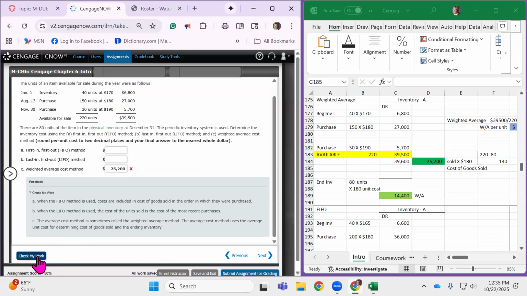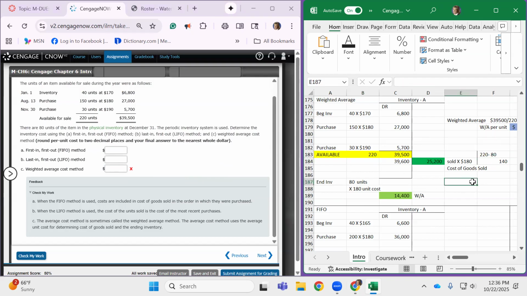What are they asking for? I guess I'm just really hosed up. Sorry about that. Yeah, there's that, 39,500. That's good. So then we had 220 items, minus 80 is 140.